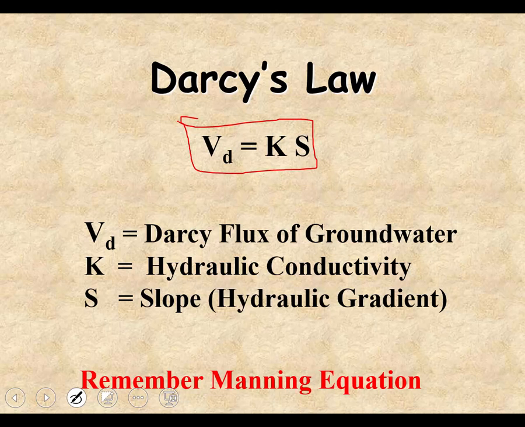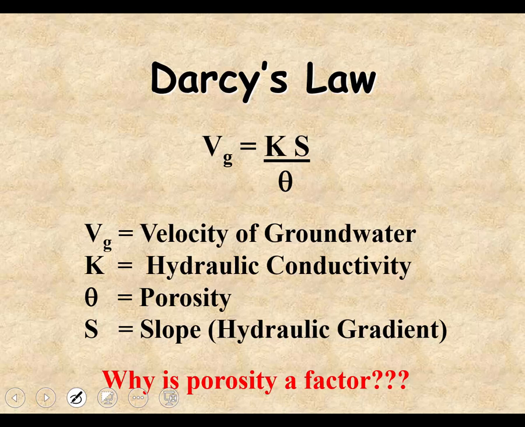Now that is the Darcian velocity. It's not the actual velocity. The actual velocity has to take into account porosity. Because when you look at that water that's flowing through, it's not flowing through a pipe. It's kind of working through a lot of little channels.